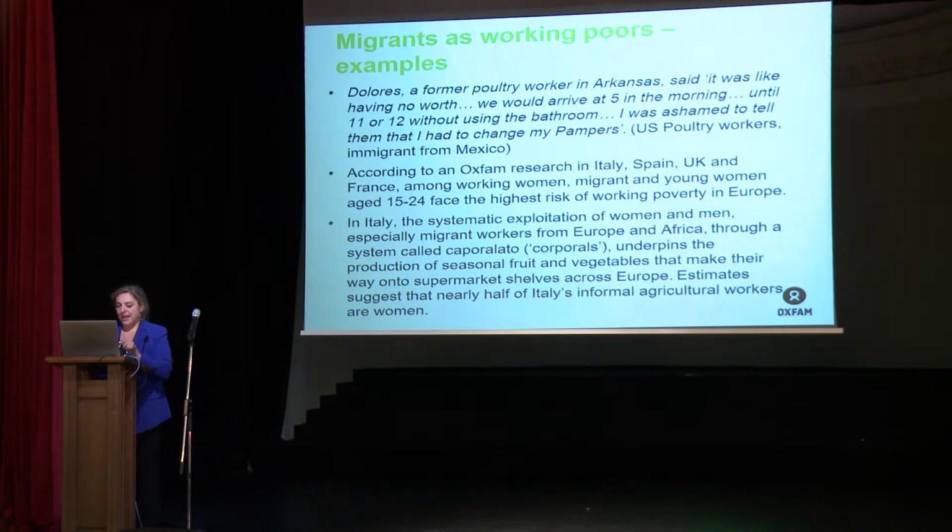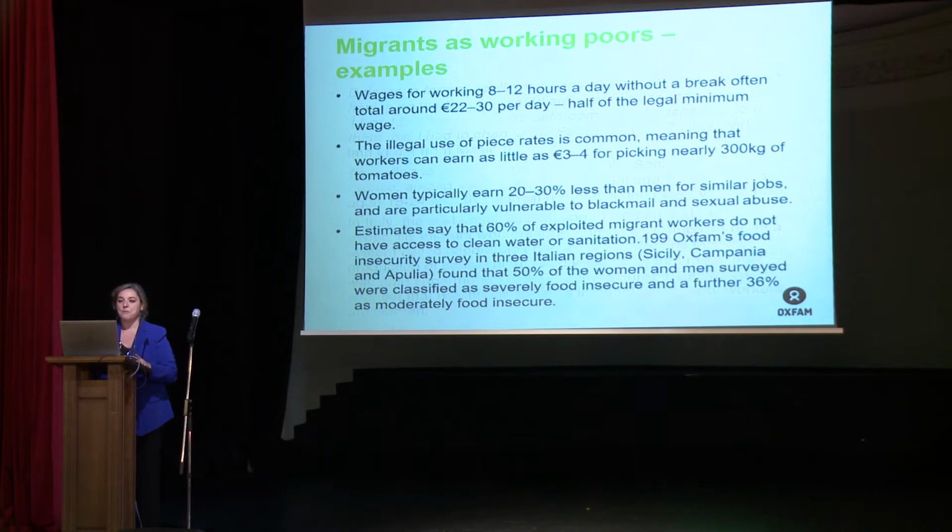And again, nearly half of them are women. So this is again a slide on the caporalato system. You can see that 60% of them do not have access to clean water or sanitation. They work 8 to 12 hours a day without a break for around 22-30 euros per day, which is half of the legal minimum wage.